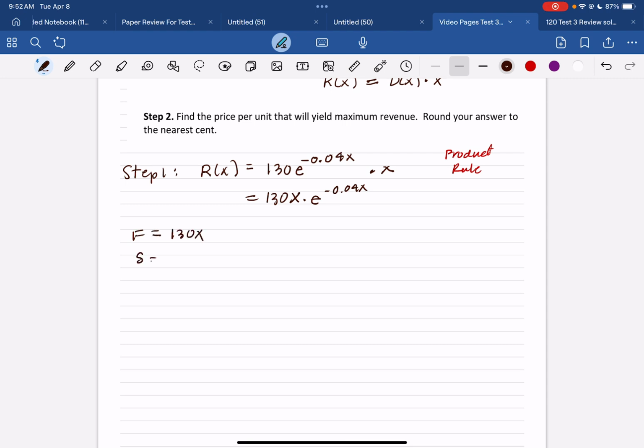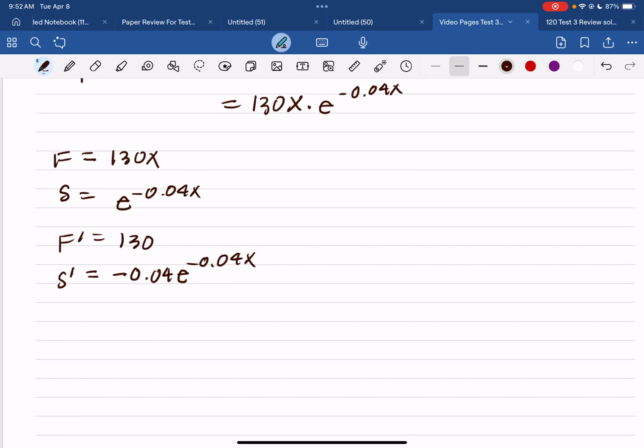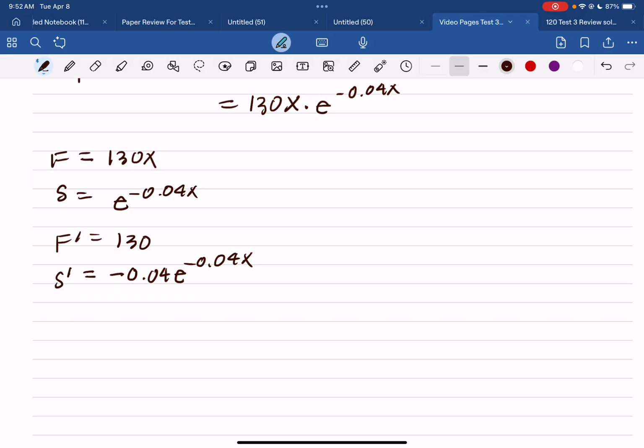My second function is e to the negative 0.04x. So f prime, the first function's derivative, is 130, and the second function's derivative is negative 0.04 e to the negative 0.04x. By now, hopefully you recognize that when you do an e function, it's e to the x times the derivative of the exponent, which in this case was negative 0.04.